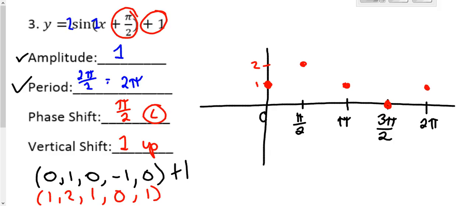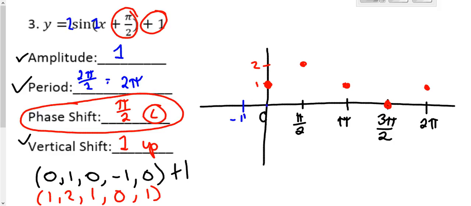So if I had no phase shift, that would be my graph. But I do have a phase shift, so all of these points need to go to the left pi over 2. So I need a new number down here because 0 to the left is going to be negative pi over 2. So my points will move here.